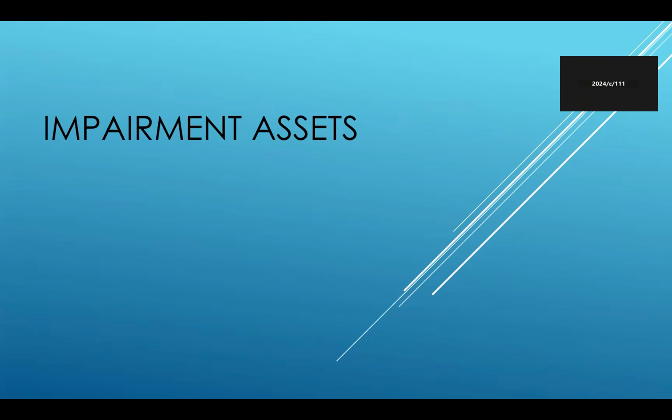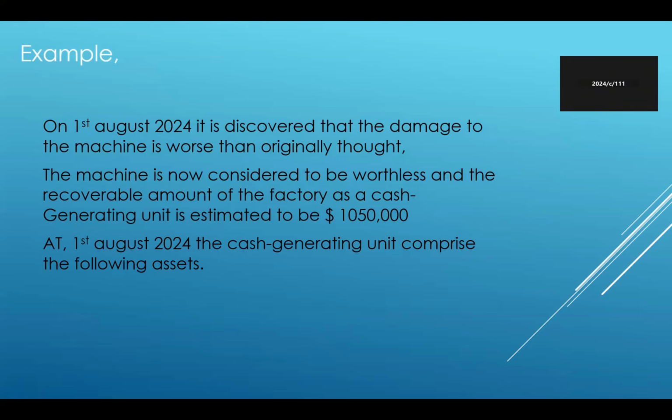On 1st of August 2024, it is discovered that the damage to the machine is worse than originally thought. The machine is now considered to be worthless and the recoverable amount of the factory as the cash generating unit is estimated to be 1,050,000.